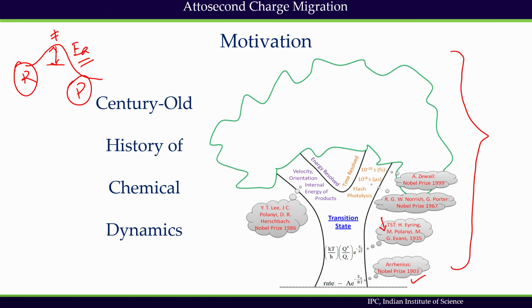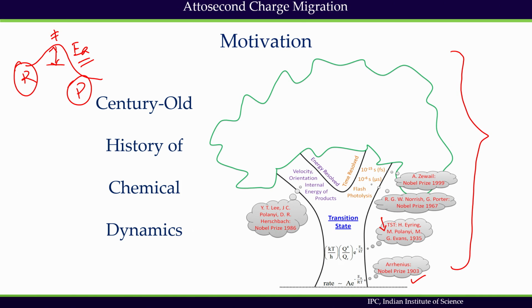So, our aim or our goal in studying chemical dynamics in the time domain was focused on the nuclear dynamics effectively, because we would like to know the passage from reactant to the products, and this whole passage would be dominated by the nuclear dynamics.